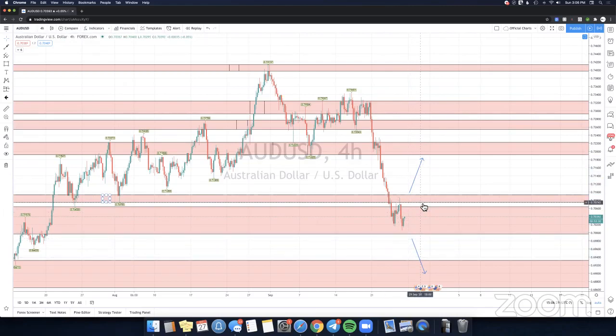There are different scenarios here. There's not just one way the market or price can play out. Price can either break above here, and then we take a buy and ride that to the next zone over here, or price breaks below this zone, we take a sell, and then we ride this to this zone over here. It's really a toss up until price breaks above or below, because then I'll get confirmation that odds are price is probably going to keep pushing that direction.